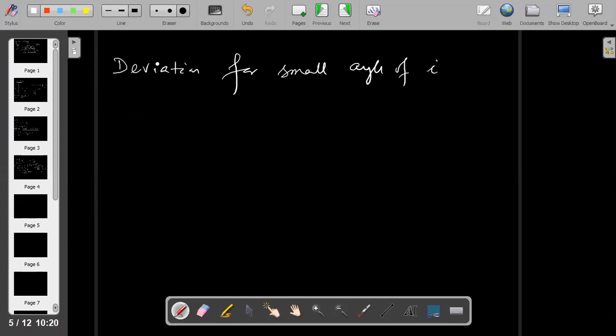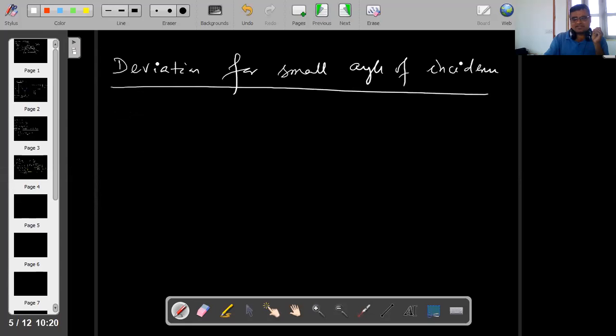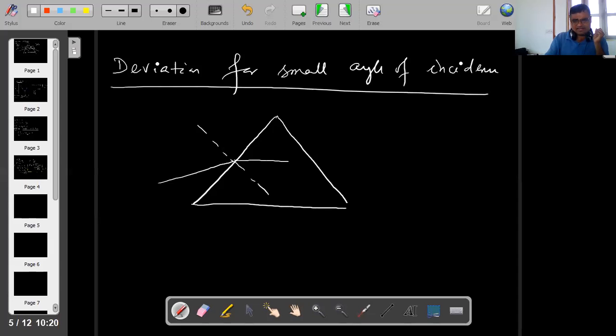Again, I have to draw the same diagram. Clear? This is the prism, same diagram: prism, incident ray, normal, and refracted ray. Here again another normal. This point is O, and this is the emergent ray.